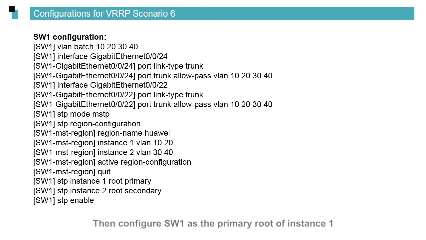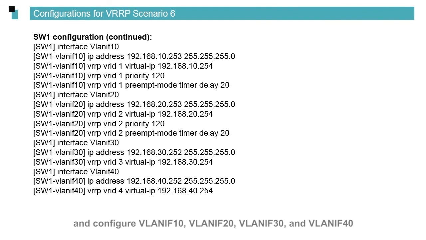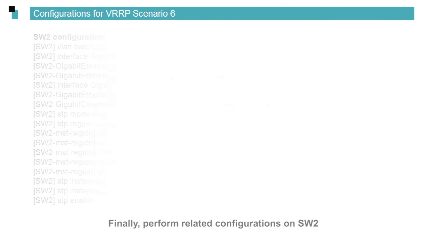Then configure SW1 as the primary root of instance 1 and the secondary root of instance 2, and configure VLANIF 10, VLANIF 20, VLANIF 30, and VLANIF 40, and add them to VRRP backup groups 1, 2, 3, and 4, respectively. SW1 is the master of VRRP backup groups 1 and 2 and the backup of VRRP backup groups 3 and 4. Finally, perform related configurations on SW2.